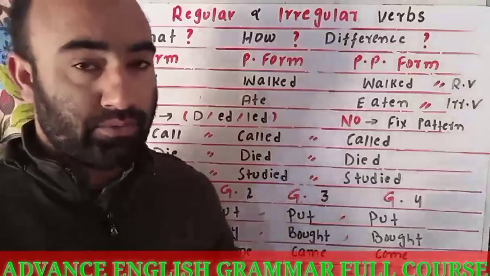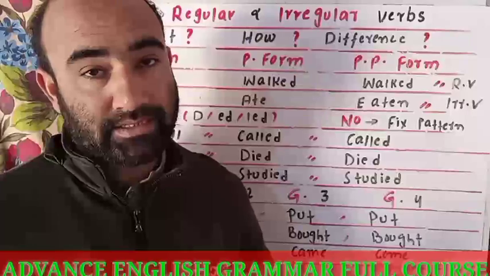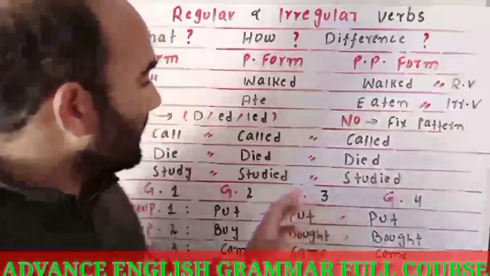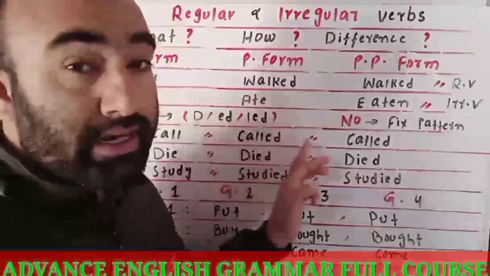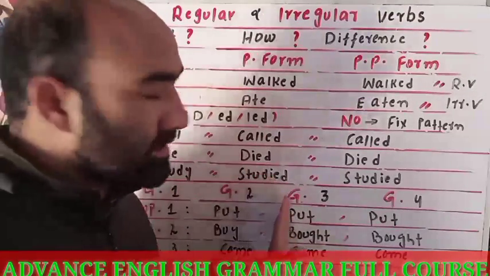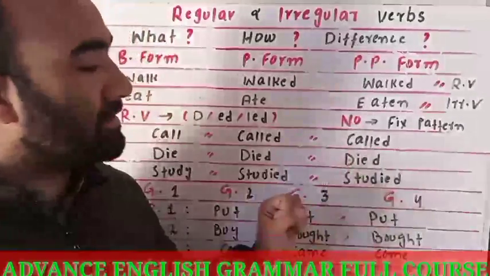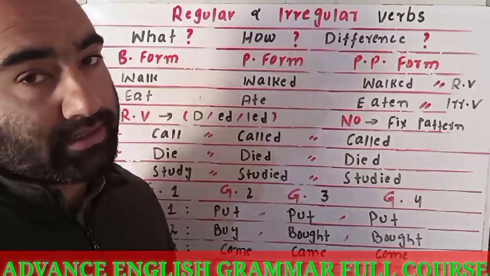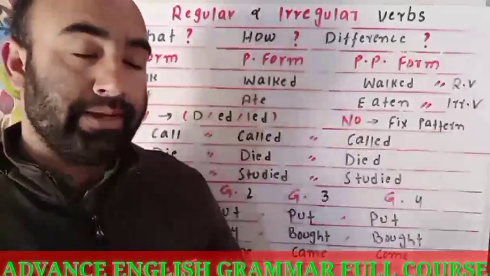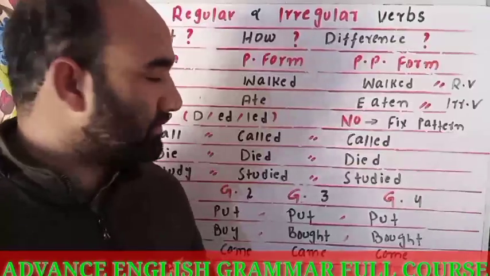Whenever there is a y at the end of the verb, we will remove that and add i instead, and at the end we will add ed. So study, studied, studied. This is the third rule for converting the base form of the verb into the past form and past participle.